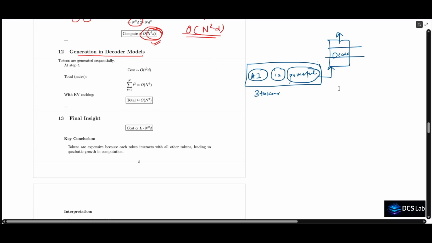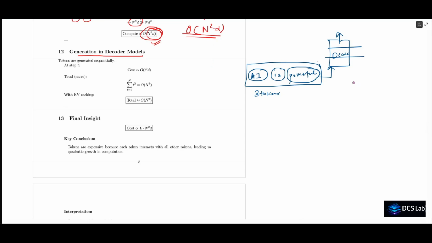Now, the total cost for these will be order of n square, which is equal to 9, because we have three tokens and 3 square is equal to 9. What happens now? After these operations, you get one token with the highest probability. Let's suppose you get "and" as the predicted value.